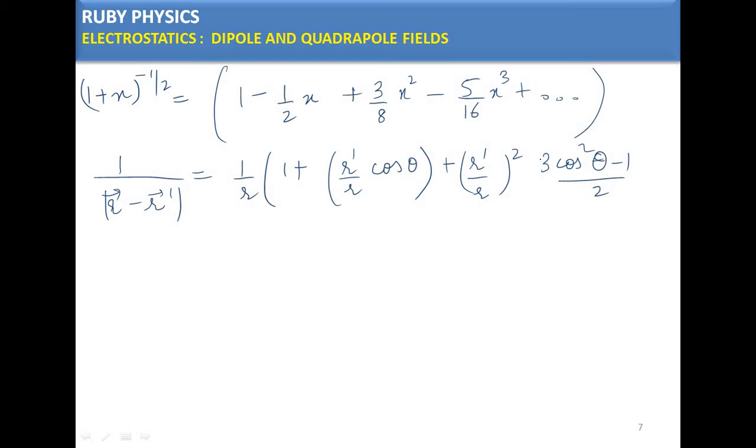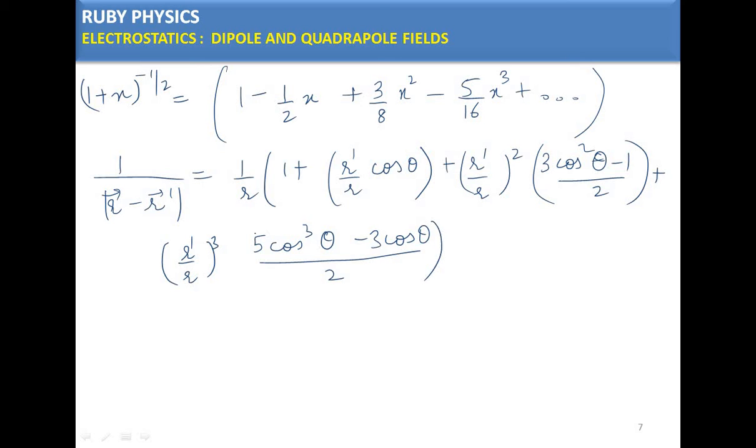Okay, then plus r dash by r cube and 5 cos cube theta minus 3 cos theta upon 2. Okay, so this you have to calculate and come to this point. I have not calculated the steps in between, so please calculate and derive and just come to this point.